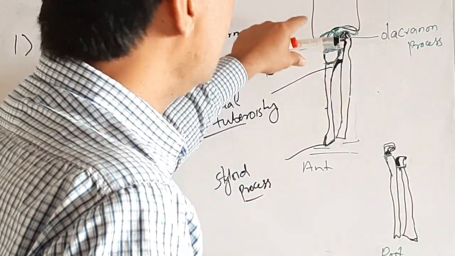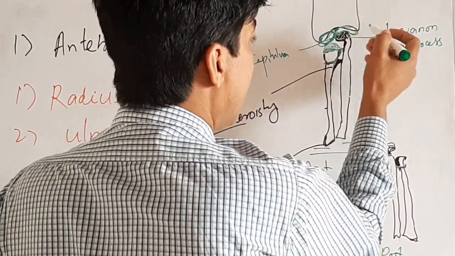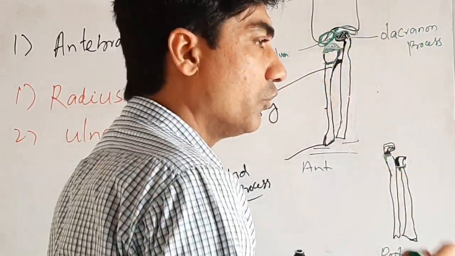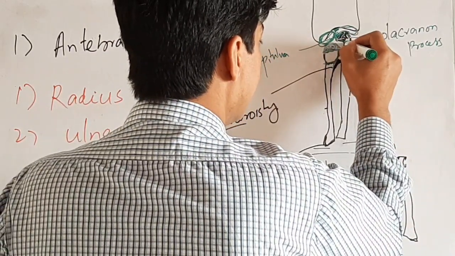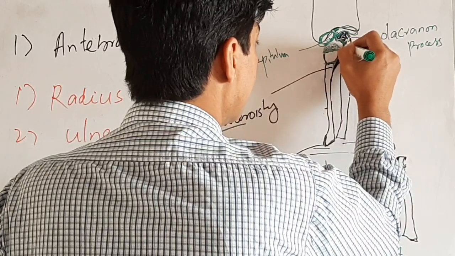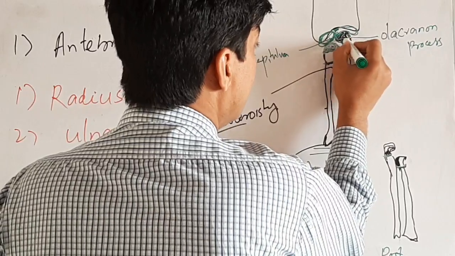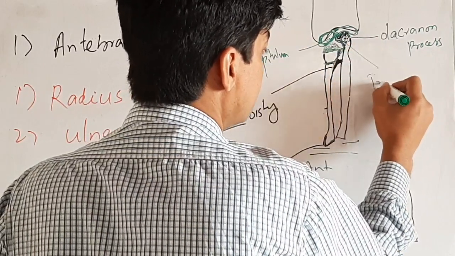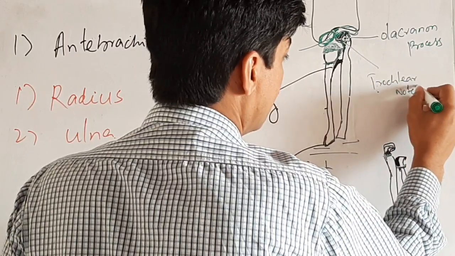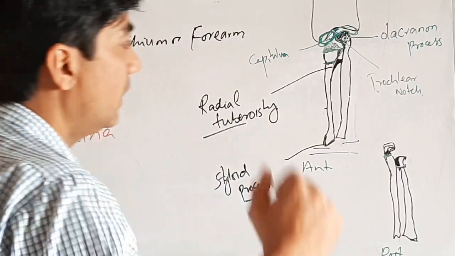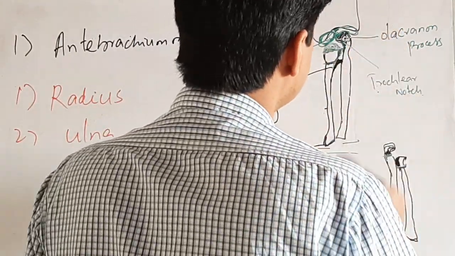We have discussed in the humerus session that the olecranon process is attached posteriorly to the olecranon fossa of the distal part of the humerus. And anteriorly, here is a notch called the trochlear notch. When we place our hand on a table, the olecranon process touches the table.